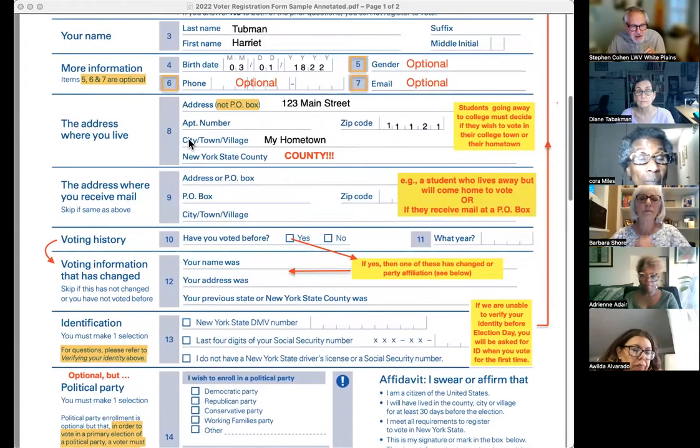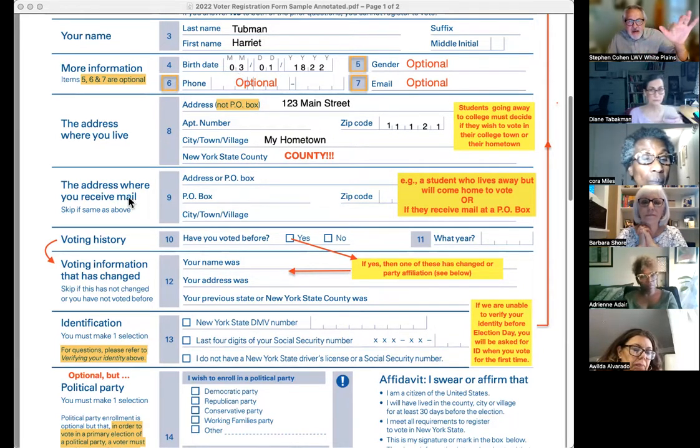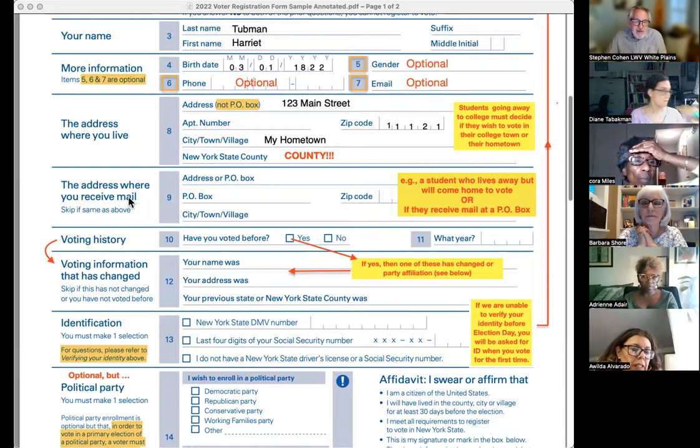We've said a lot about registering, and about the address versus where you receive your mail. I confess it's somewhat straightforward with students, but less obvious with the homeless population.